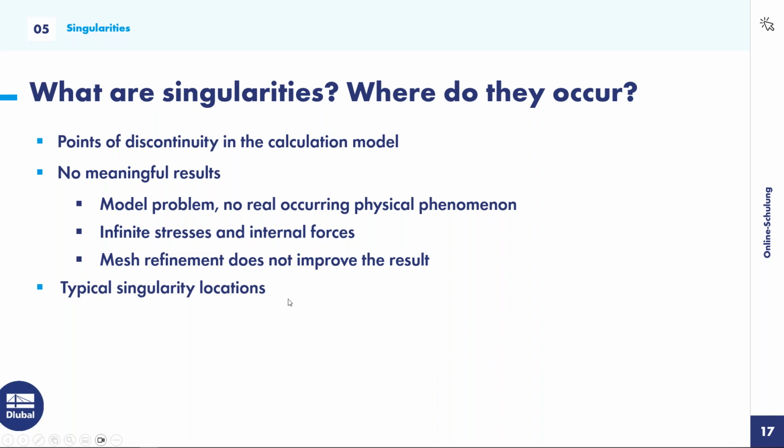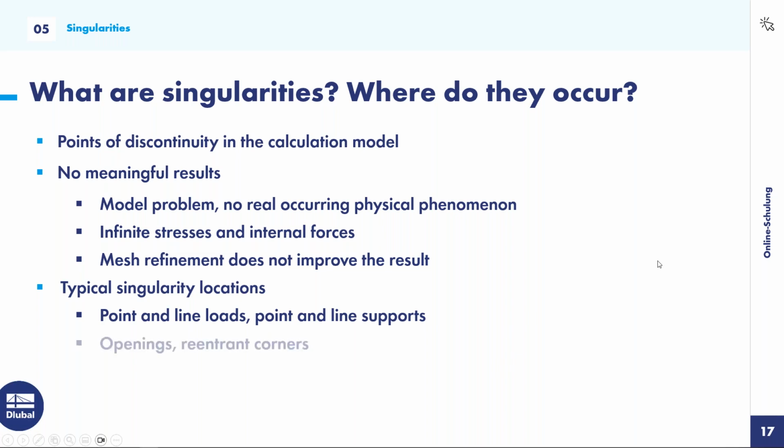We have some typical singularity locations, which are, like I said with my analogy with the needle, point and line loads, or also point and line supports. Also, when you have a surface with an opening, you can get a singularity there, especially when it's a sharp opening with corners, and you have re-entrant corners, maybe a wall end. This can also lead to a singularity.